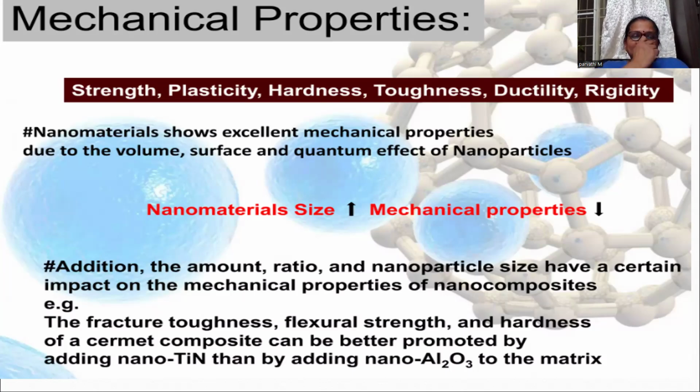Then the amount, ratio, and nanoparticle size have a certain impact on the mechanical properties of nanocomposites. For example, the fracture toughness, flexural strength, and hardness of a ceramic composite can be better promoted by adding nano TiN, titanium nitride, than by adding nano Al2O3 to the matrix.